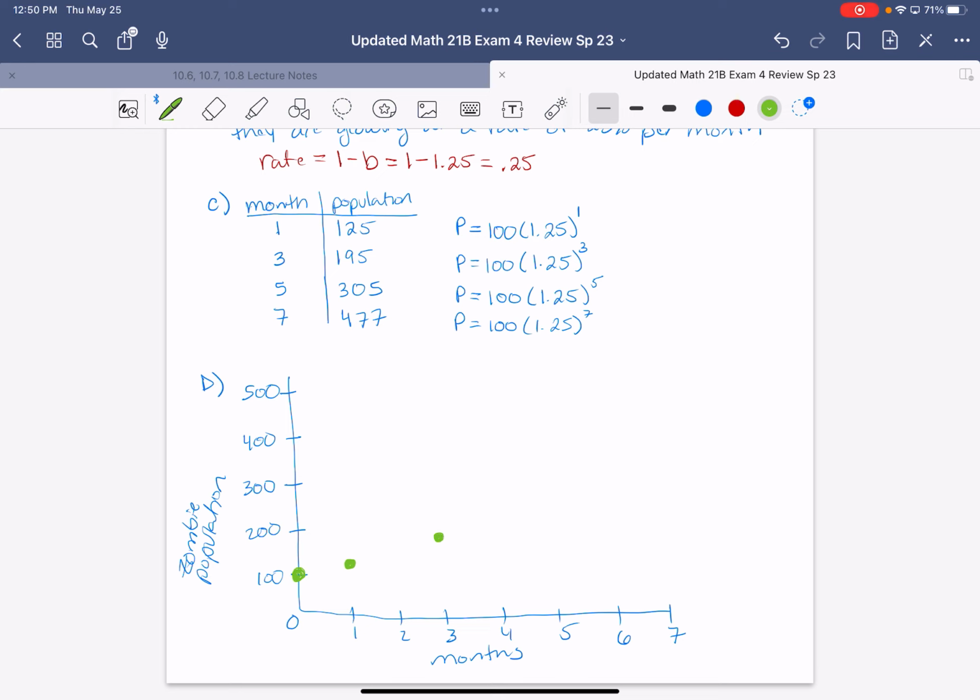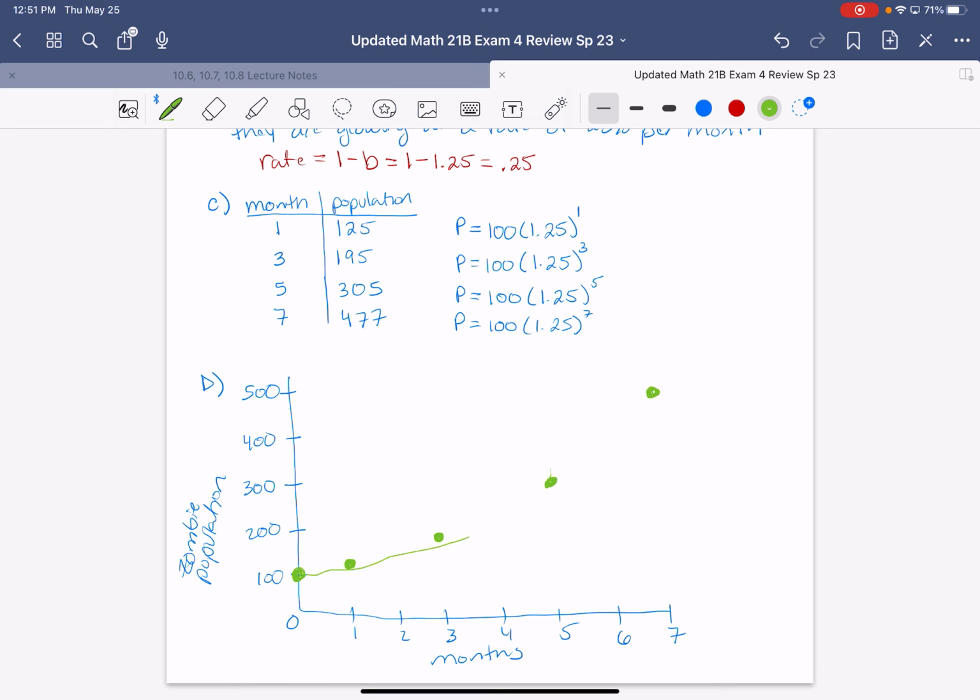At 5 months, it's just over 300. And at 7 months, it was 477, so about here. Again, I know they're visual estimates, but about like that.